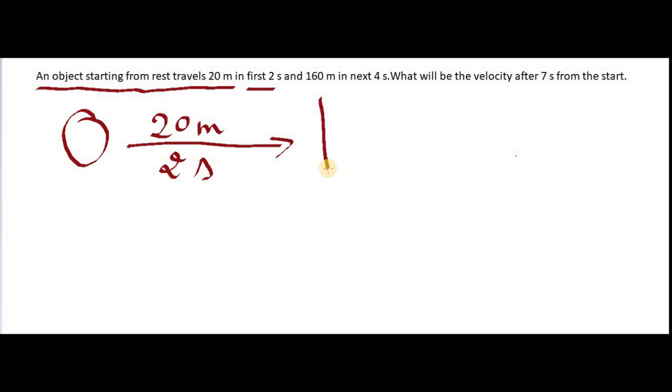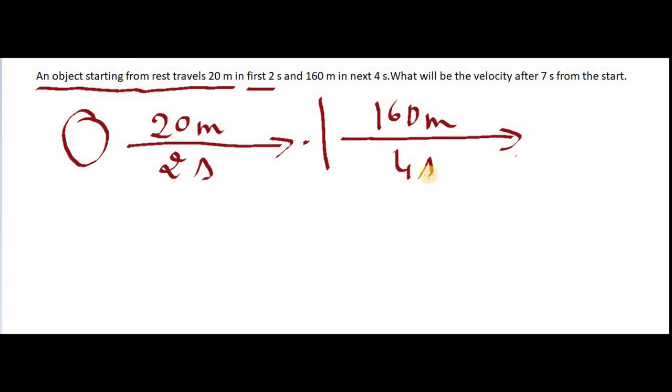And the second part is 160 meters in next 4 seconds. So the same object is continuing from this velocity. It is not starting from rest now, it's already in motion, right? So it's continuing in the same motion, still moving forward, and for the next 160 meters, it's going to take 4 seconds.